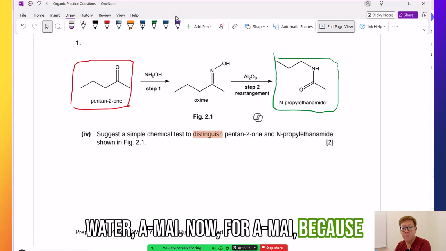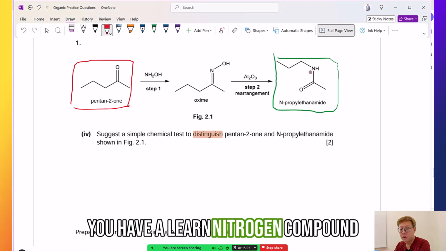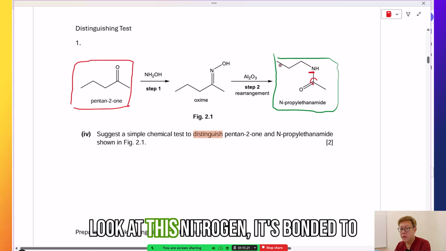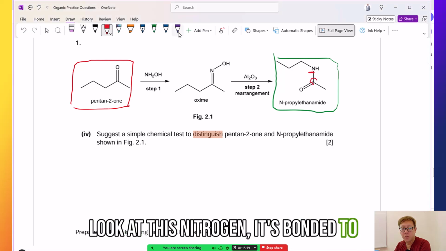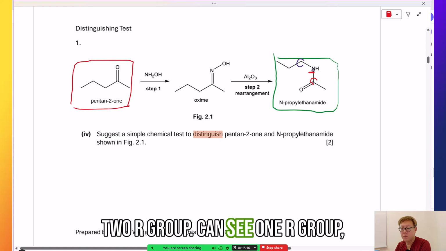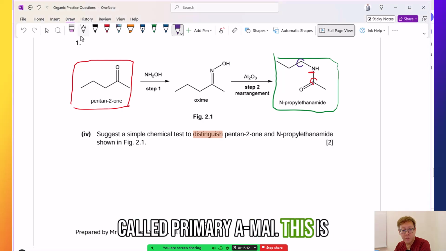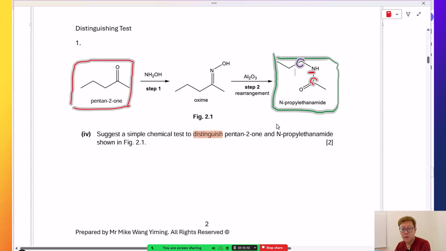Now, for amides, because you haven't learned nitrogen compound under me, I will just explain. If you look at this nitrogen, it's bonded to 2 R groups. Can see 1 R group here, 1 R group here? So this is not called a primary amide. This is actually called a secondary amide.